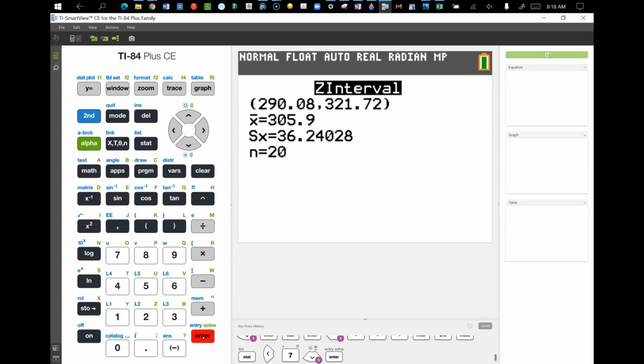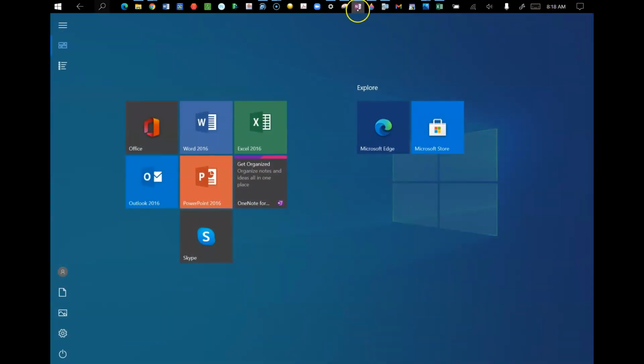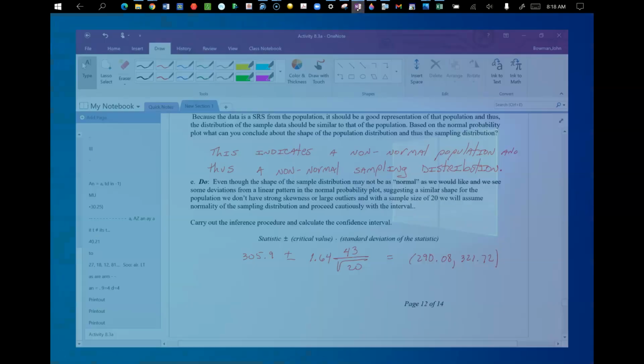But in terms of showing your work, go ahead and write down the confidence interval, but then use the sample mean 305.9, which is calculated by the calculator for you, the sample size, and the assumed population standard deviation to show your work.